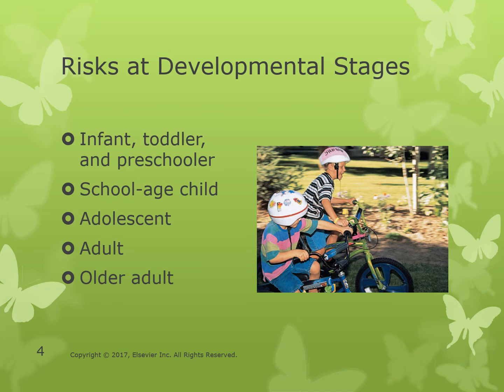We should encourage them to wear helmets when they're bicycling. In our adolescent age group, adolescents are at risk for injury from automobile accidents, suicide, and substance abuse. They engage in what we call risk-taking behaviors like smoking and drinking.